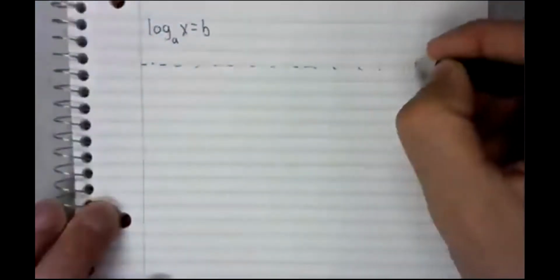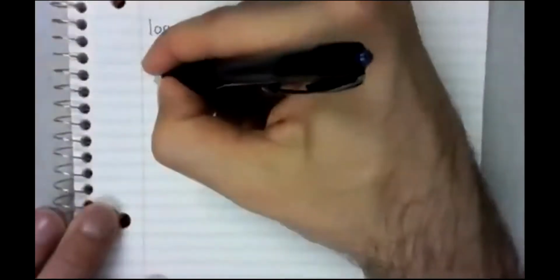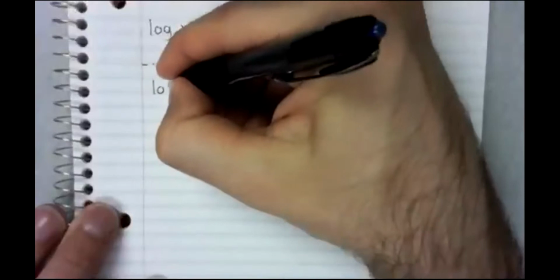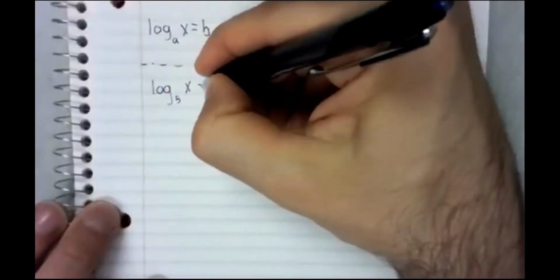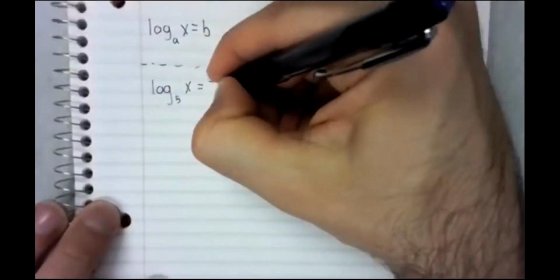Let's illustrate these ways with examples. We won't try to do this in generality. We'll look at an example, say the logarithm base 5 of x.